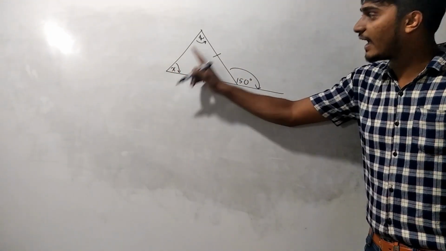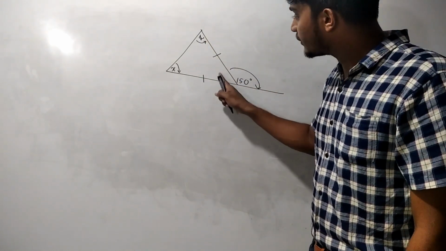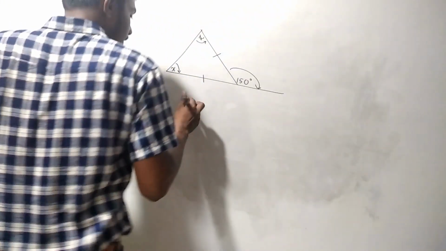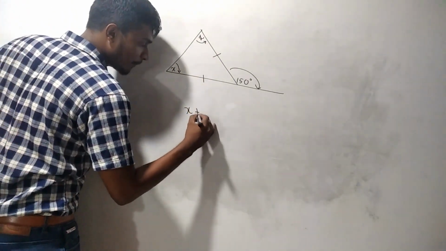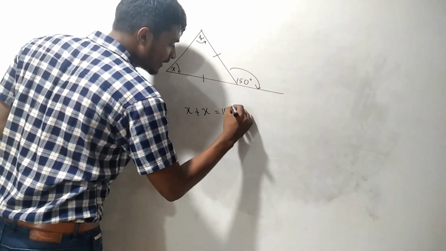So if this is x and this is x, you see that there's an exterior angle and two interior opposite angles. So x plus x is equal to 150 degrees.